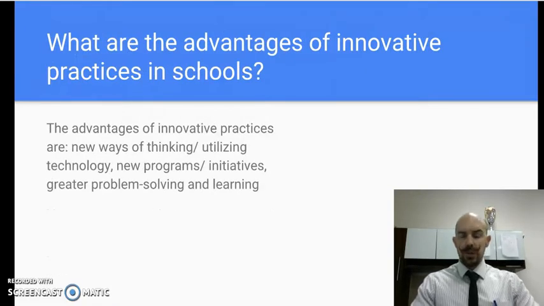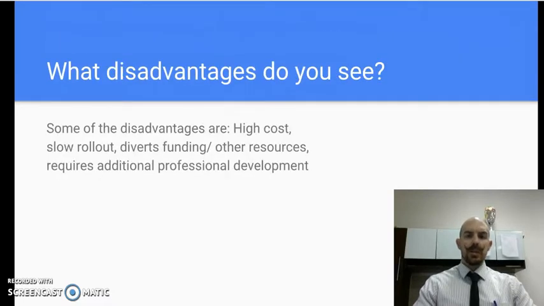Some advantages of innovative practices in school: new ways of thinking, new ways of utilizing technology, new programs, creating initiatives, and greater problem-solving in learning. Some disadvantages I see: technology comes with high costs. Technology is very slow to roll out.